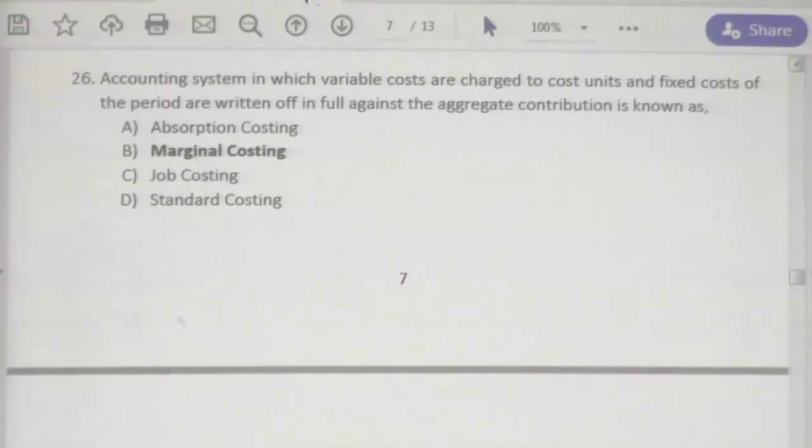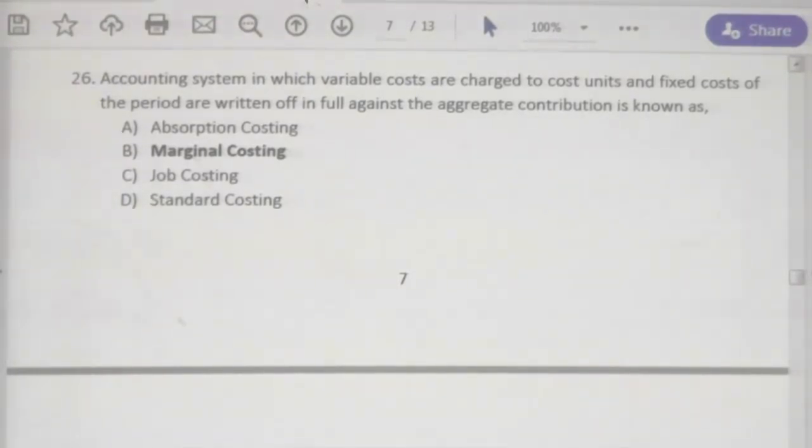Accounting system in which variable costs are charged to cost unit and fixed cost of the period are written off in full against the aggregate contribution is known as, that is marginal costing. Answer is correct. Why? You will take total sales revenue and deduct total variable cost.